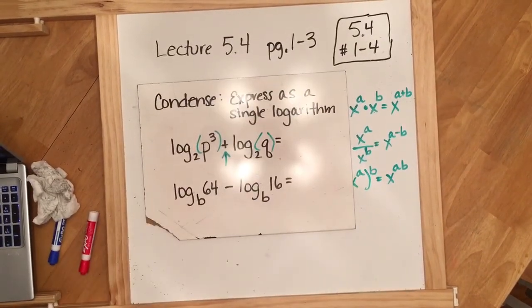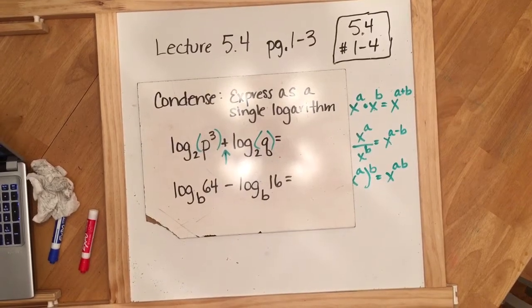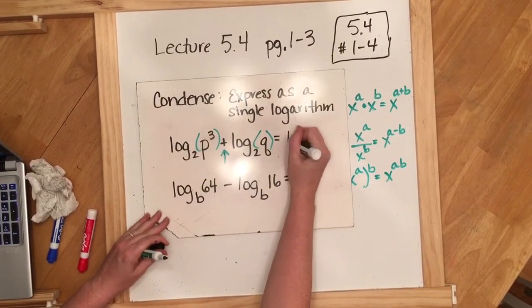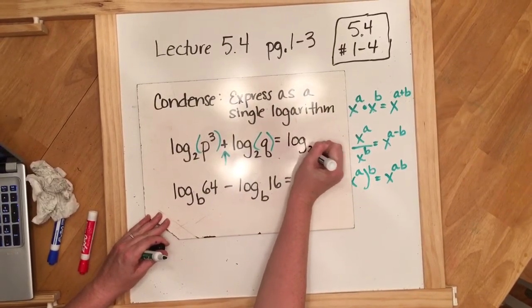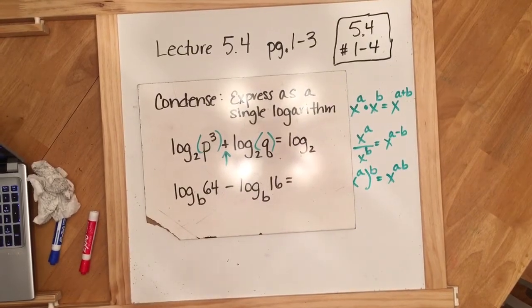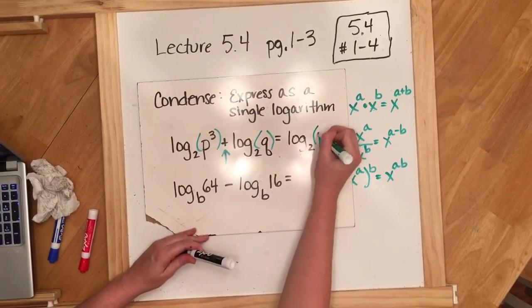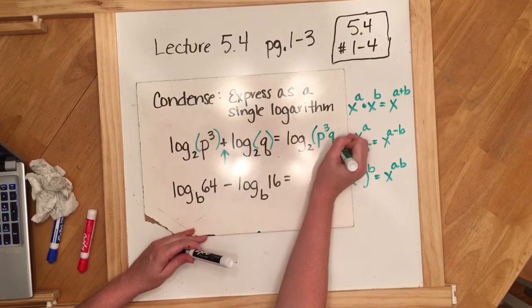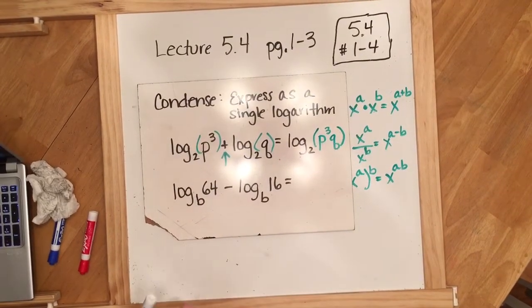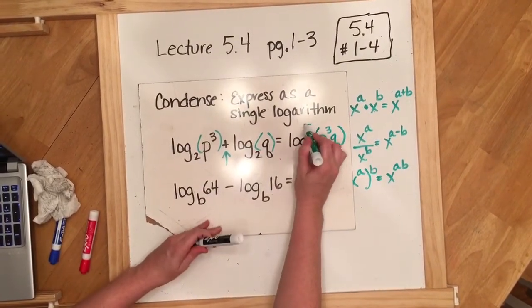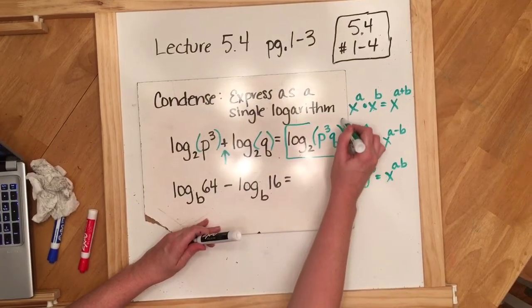So in order to write my new logarithm, I'm going to have log base 2 of p cubed times q. And so I have condensed those 2 logarithms into one expression.